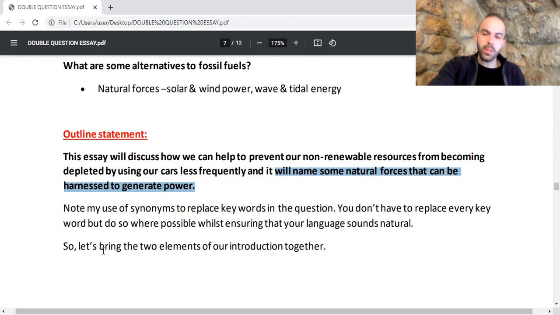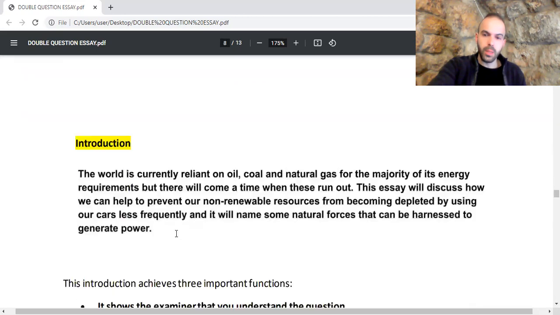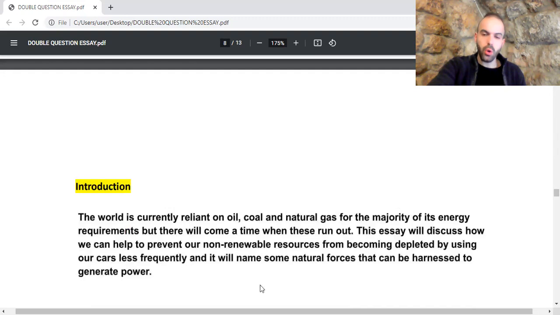So let's bring the 2 elements of our introduction together. Now we have this introduction. Okay, so I want you to read the introduction slowly. So as you can see, it's a very, very accurate introduction. It shows us a well-structured paragraph.